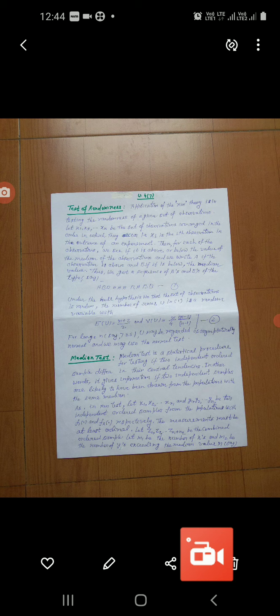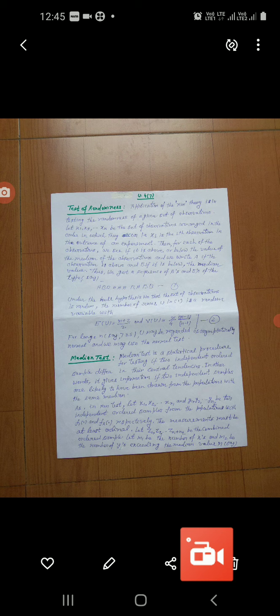The measurements must be at least ordinal. This means two samples have been drawn from two different populations with density functions f1 dot and f2 dot.